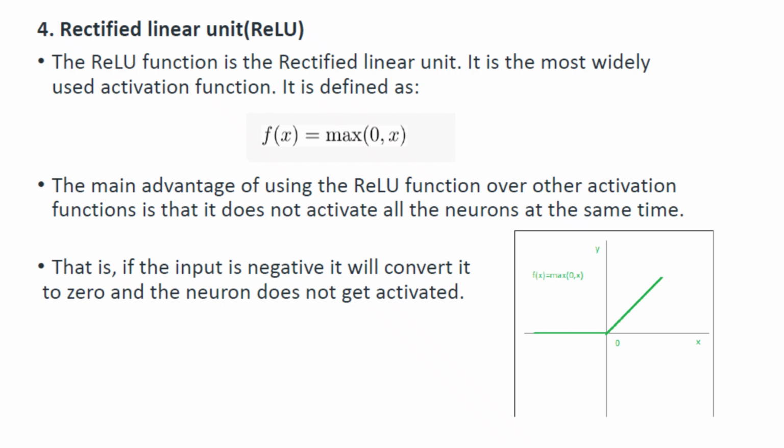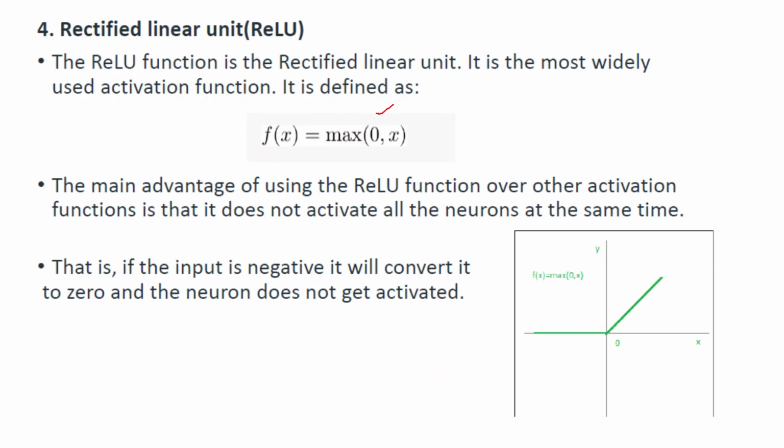The main advantage is this: suppose your x value is 50, then max(0, 50) is 50 itself, right? But if you are giving negative values, like max(0, -10), what will the output be for negative values?